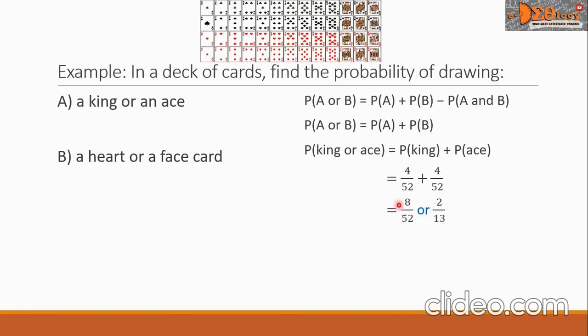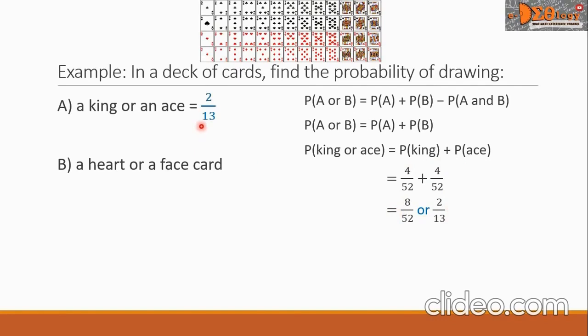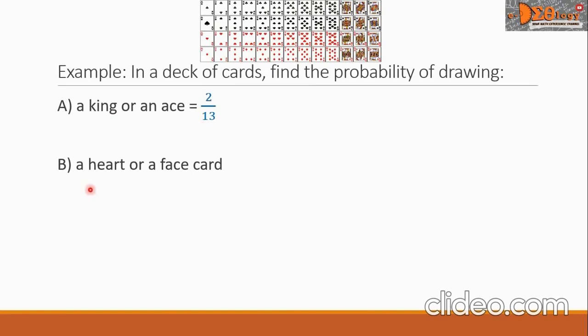We divide the numerator and denominator by 4. And this value, 2/13, we will write in here. So the probability of a king or an ace equals 2/13.